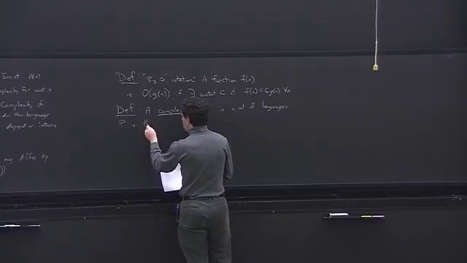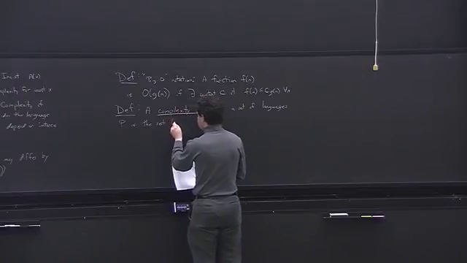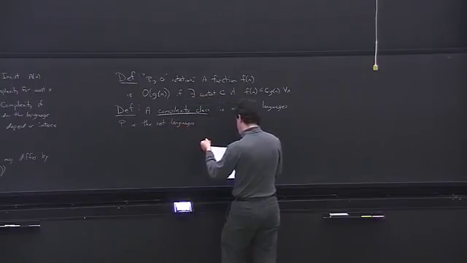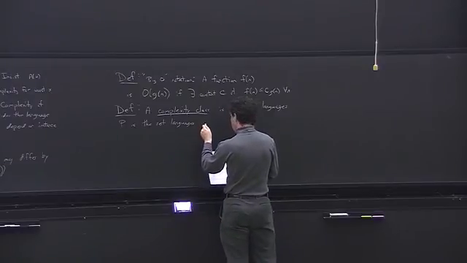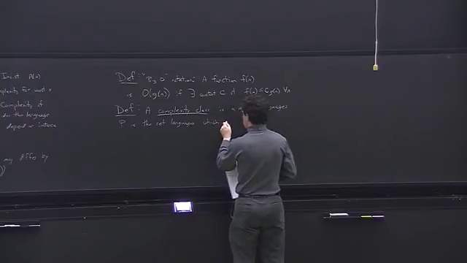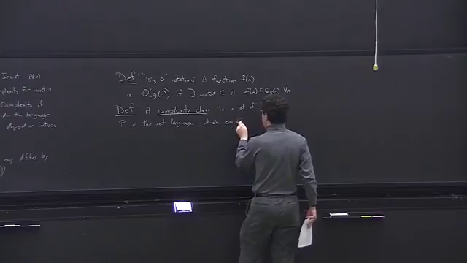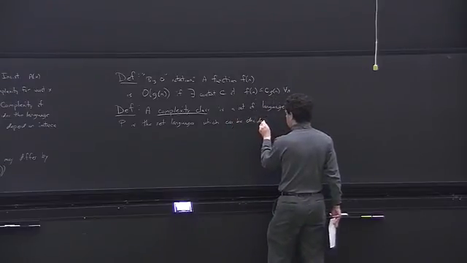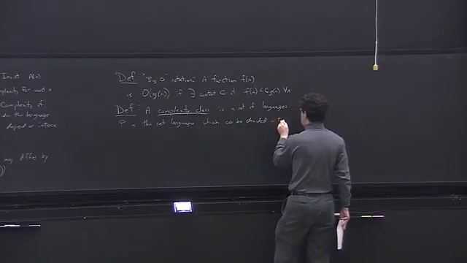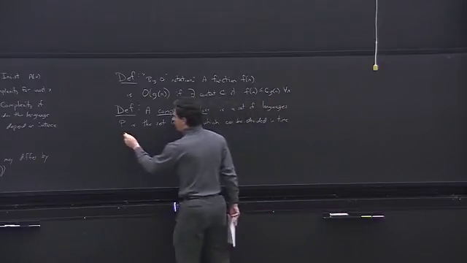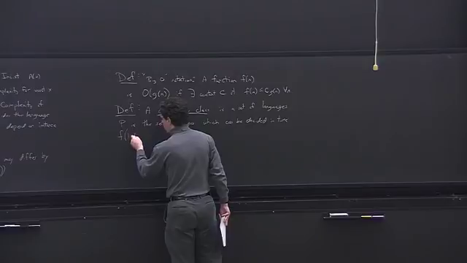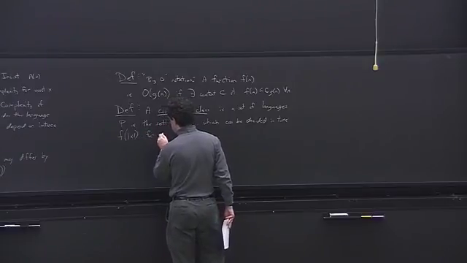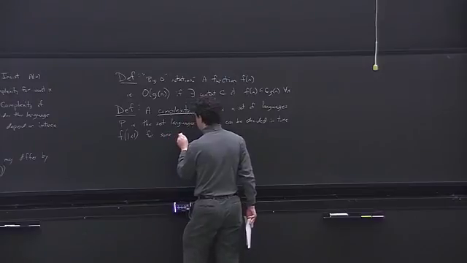And P is the set of languages which can be decided in time f of x for some polynomial f.